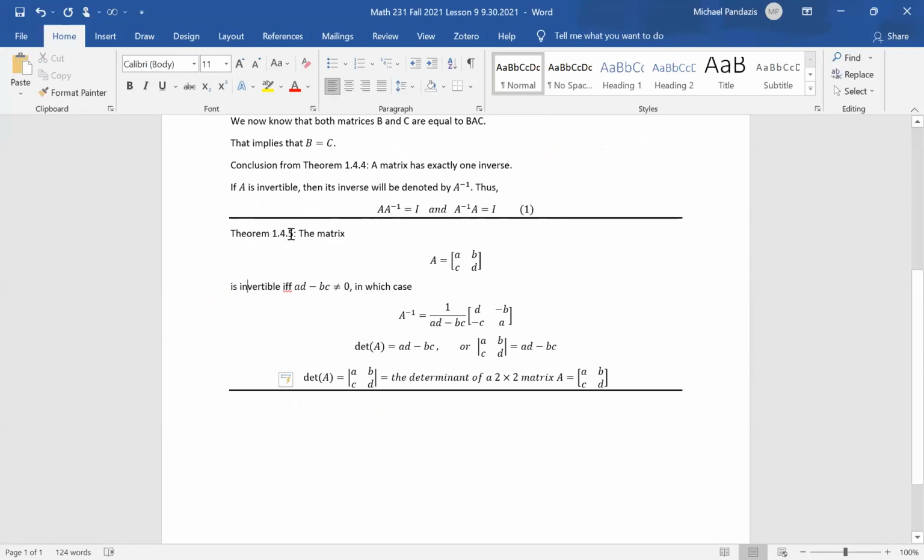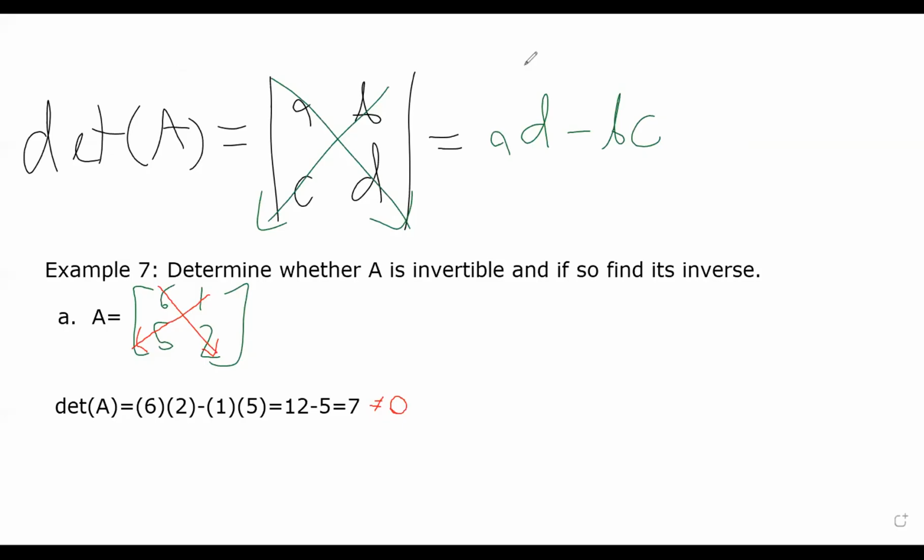By theorem 1.4.5, we deduce that A is invertible.